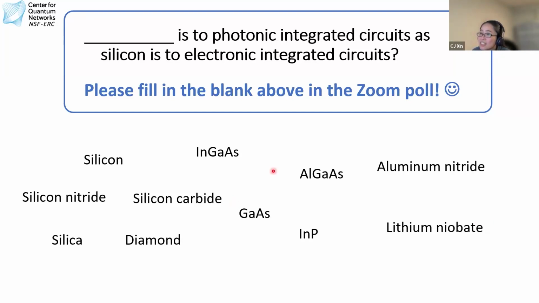Okay, so we have the results. It looks like it's pretty close. First we have InGaAs. People really like InGaAs, and then we have silicon, and then we have lithium niobate and silicon nitride.